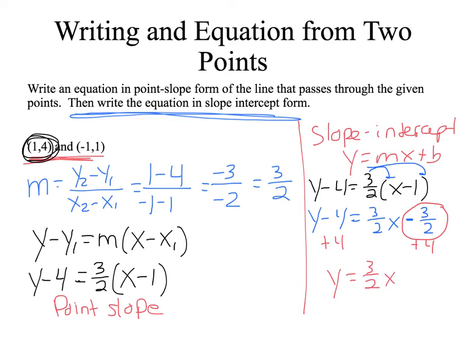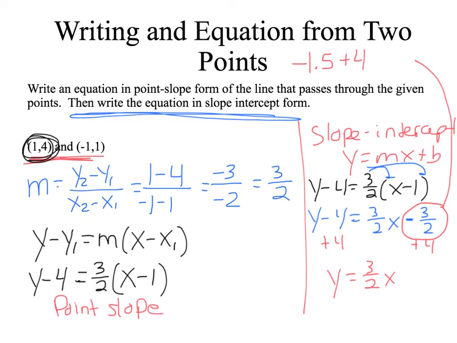Now, 3 over 2 is 1.5. It's easier for me to do it this way, so follow along up here. If I take negative 1.5, because 3 over 2 is just 1.5 as a decimal, and I add that onto 4, I have 2.5. Right?